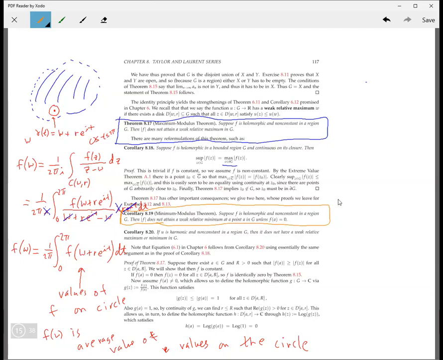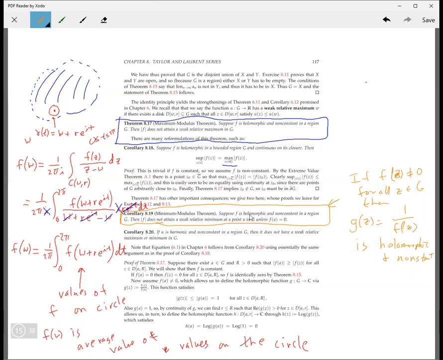The reason for this is that if f of z is not 0 for all z in G, then you can form another function g of z equals 1 over f of z, which is holomorphic and non-constant. So let me go through that again.